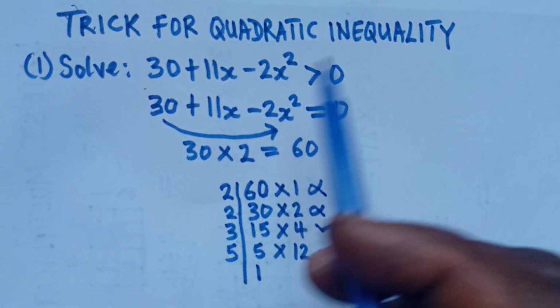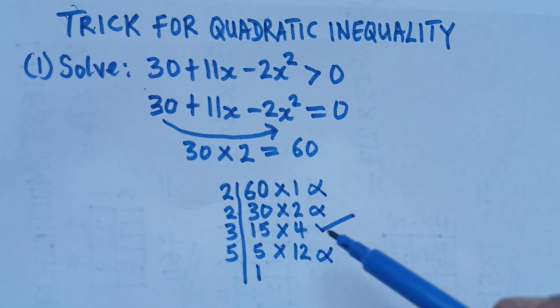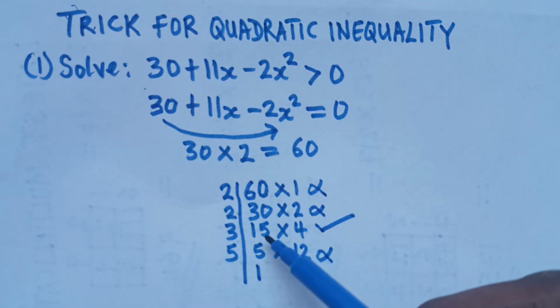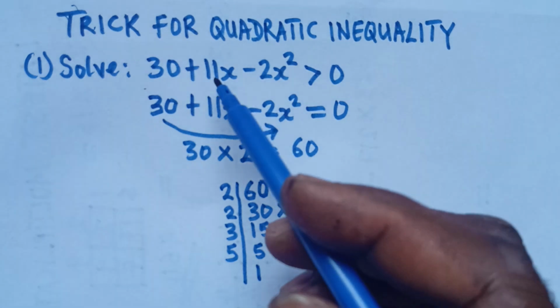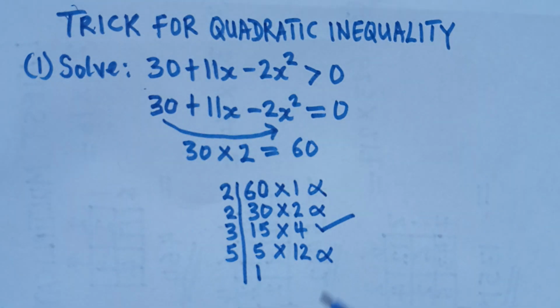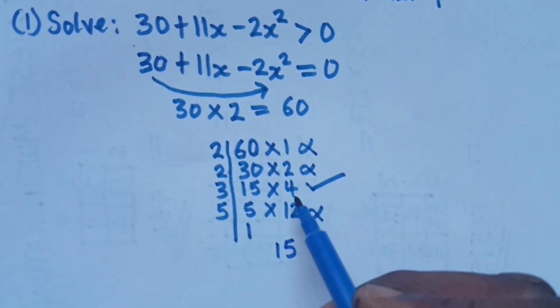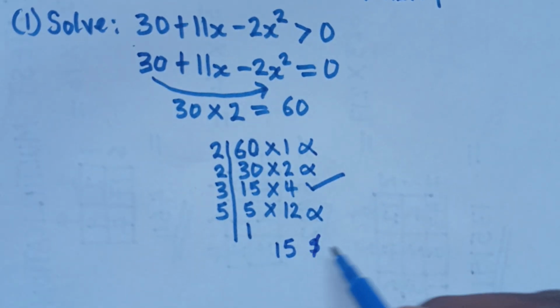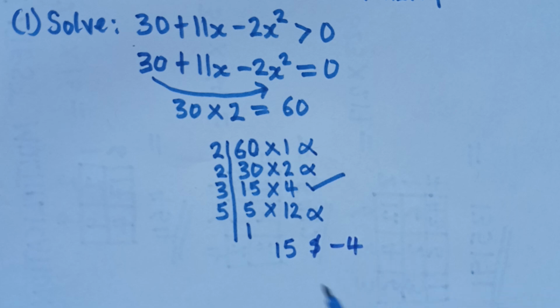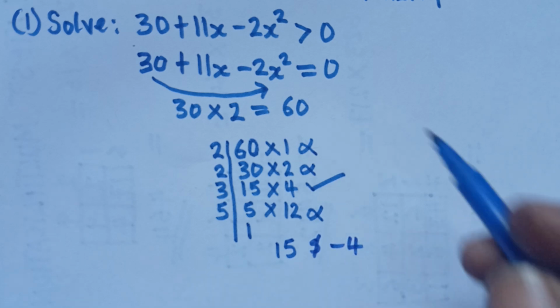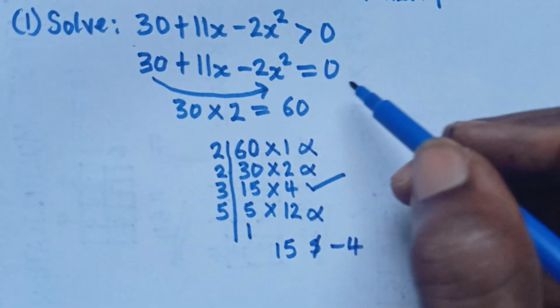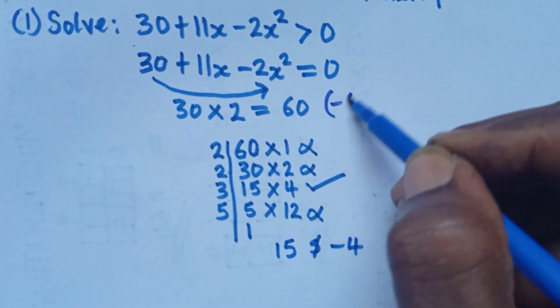So I'm looking for two numbers that when I add them together give me positive 11. And the two numbers should be giving this 15 as a positive value, and then the 4 becomes a negative value, such that 15 multiplied by minus 4 will give me the original minus 60 that I'm looking for.